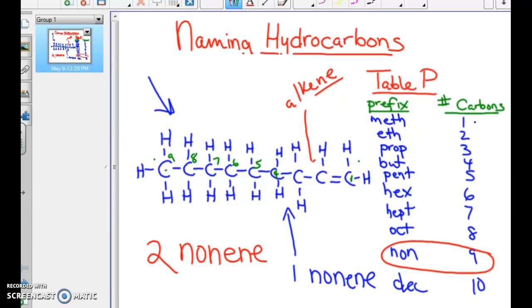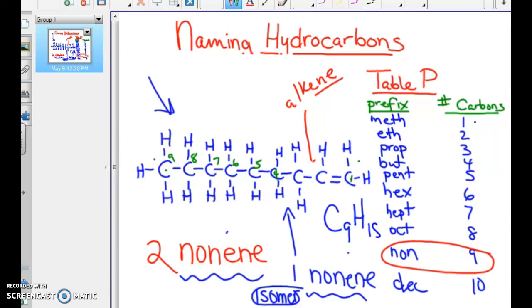Now you might ask, well, if they're both nonene, does that make them identical molecules? No. These are slightly different compounds. These are called isomers. When you are isomers, notice you both have the same molecular formula, 9 carbons and 18 hydrogens.